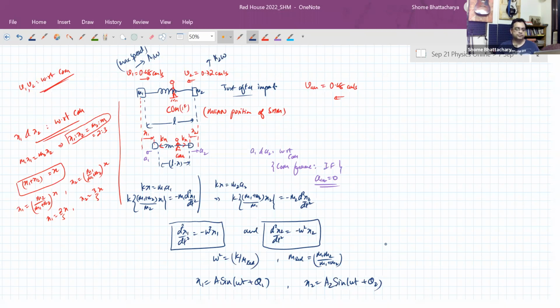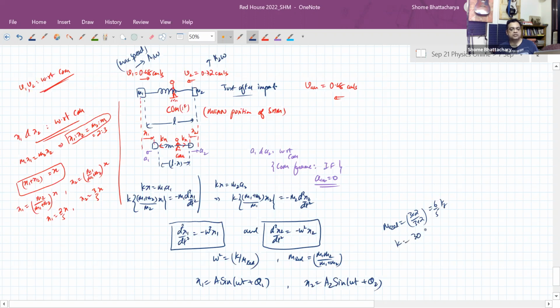Okay? So first of all, let's find omega. Your reduced mass here will become 3 into 2 divided by 3 plus 2, so 6 by 5 kg. And your K, remember, was 30 Newton per centimeter.